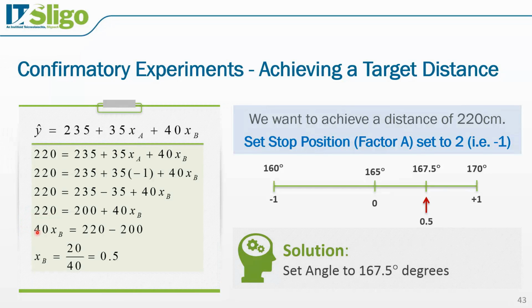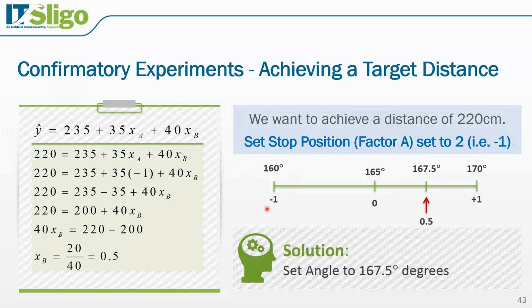So if we rewrite this equation in terms of XB, it means that XB is equal to 20 over 40, which is 0.5. Now we need to relate that back to natural variables. Currently this 0.5 is in coded variables of -1 and +1.